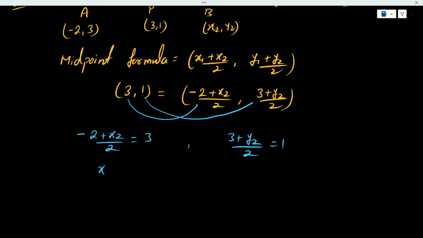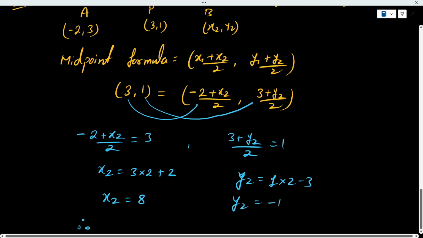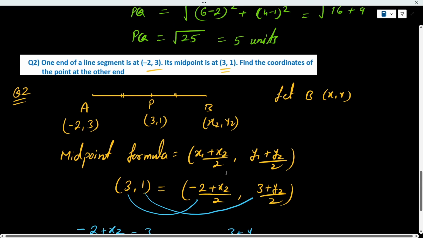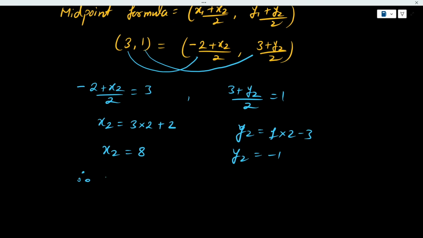Then if I transpose, x2 will be 3 times 2 plus 2, and y2 will be equal to 1 times 2 minus 3. So you get x2 as 6 plus 2, it is 8, and y2 value 2 minus 3, it will be minus 1. So what are going to be the coordinates of the other endpoint here? It is going to be 8 comma minus 1.